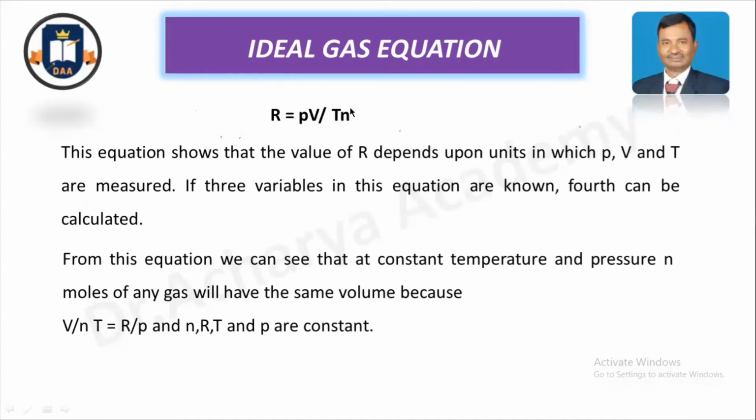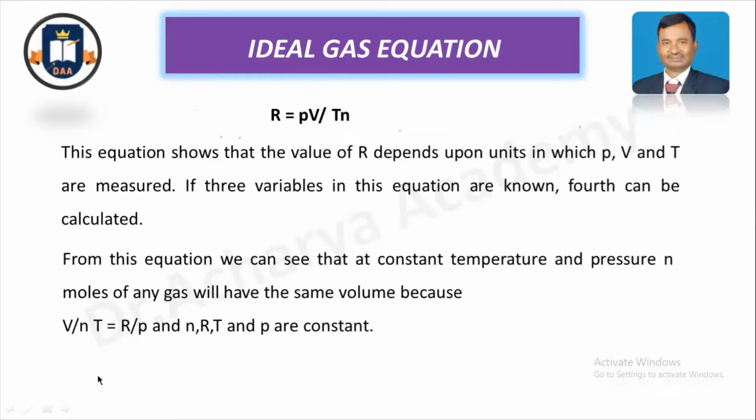If you consider the same amount of gas, and you know three of these variables P, V, and T in this equation, then the fourth one we can calculate. That means R we can calculate with this equation.